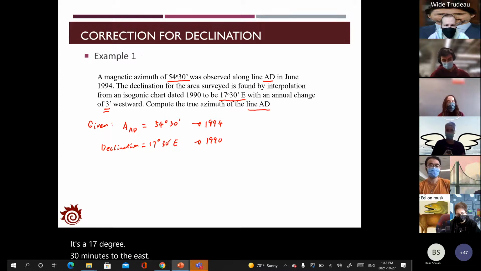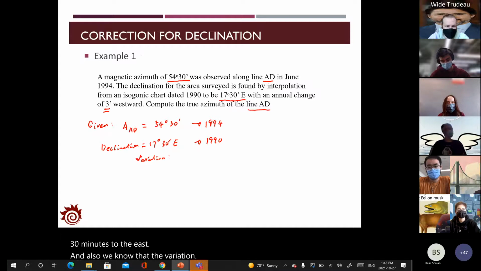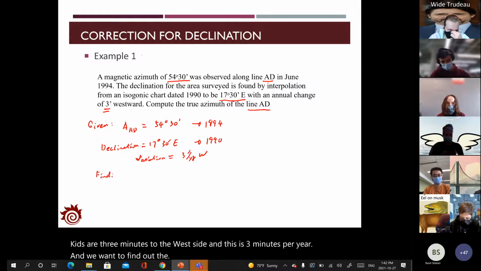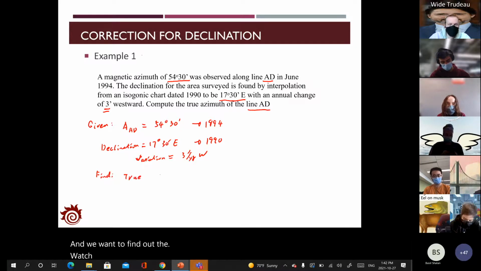And also we know that the variation is 3 minutes to the west side, and this is 3 minutes per year. And we want to find out what's the true azimuth of the line A to D.